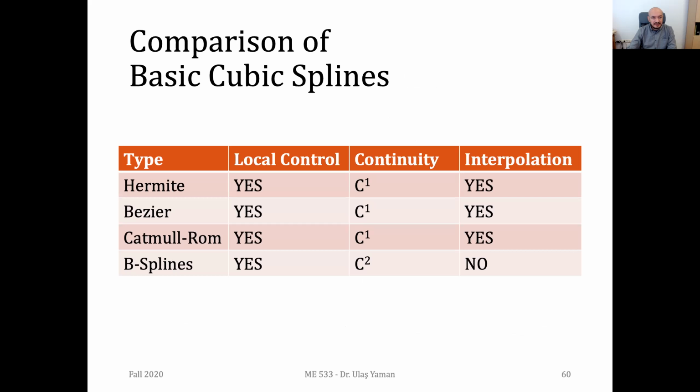It's not that difficult. With simple matrix multiplications, we can do the conversions. So let's have a look here. Compare the types of cubic splines. We have local control in all of them. We have C1 continuity in Hermite, Bezier, Catmull-Rom splines, but we can have C2 continuity in B-splines.